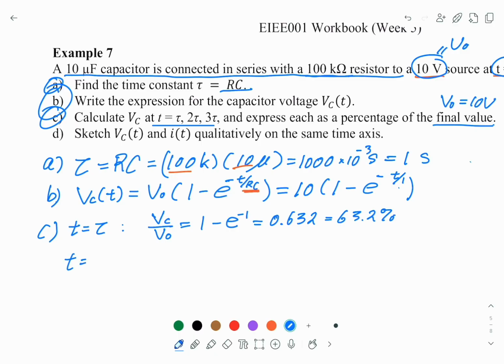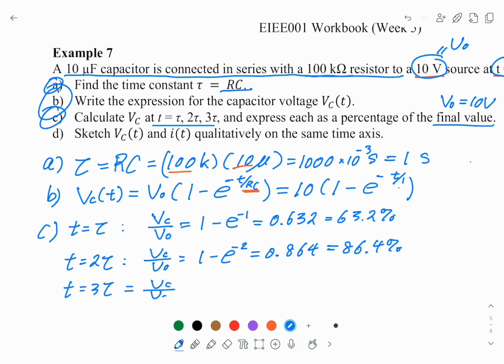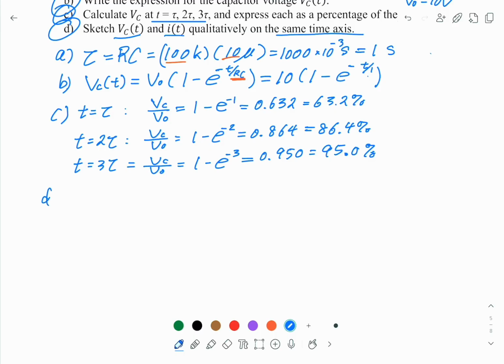At t equal to 2 tau, 1 minus e to the minus 2, this is 0.864, 86.4%. And 3 tau is 0.950, it means 95.0%.